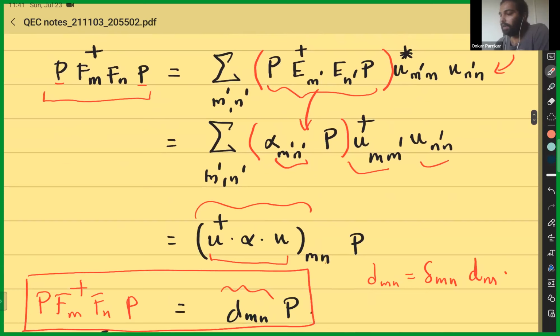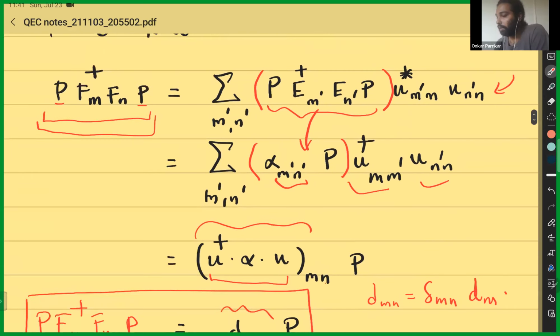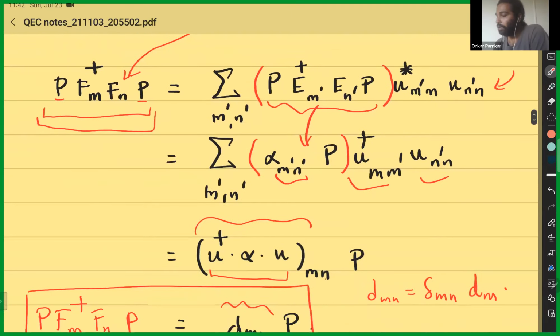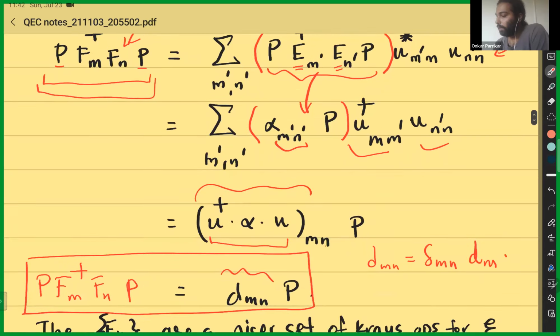They're convenient because they diagonalize these Knill-Laflamme conditions. So, if you compute P F_m dagger F_m P, where P again is the code subspace projector, then you can just substitute this formula here for the F_n, and then use the Knill-Laflamme condition for the E's, the Kraus operator representation E. So that's this step over here.